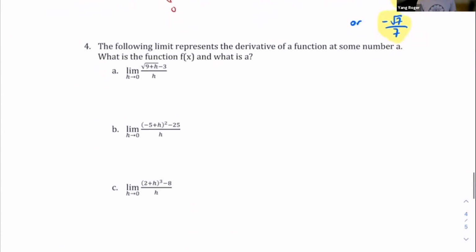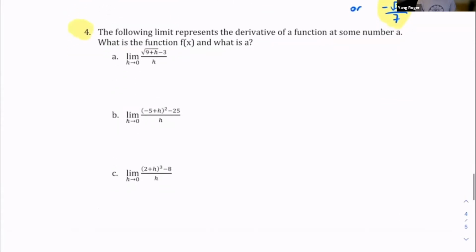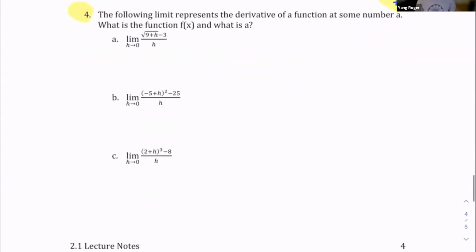So let's take a look at example classwork 4 over here. For these three examples, we know that you have the limit as h goes to 0 of f of a plus h minus f of a, divided by h.